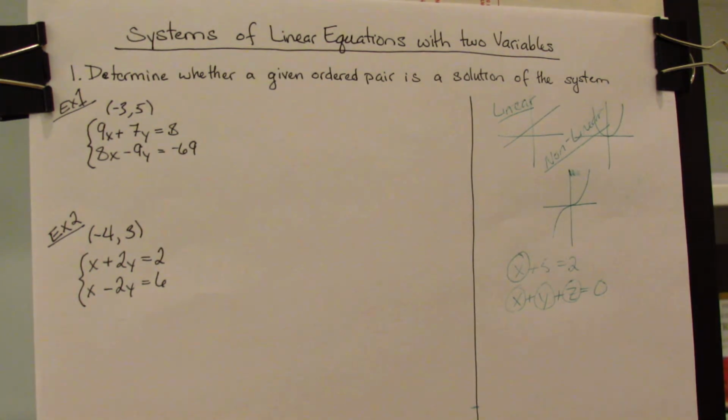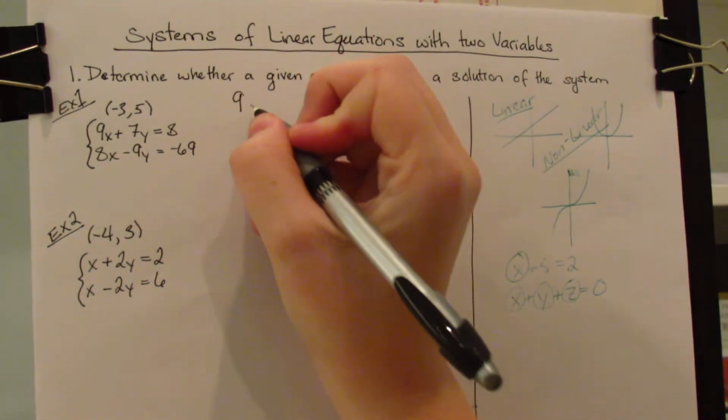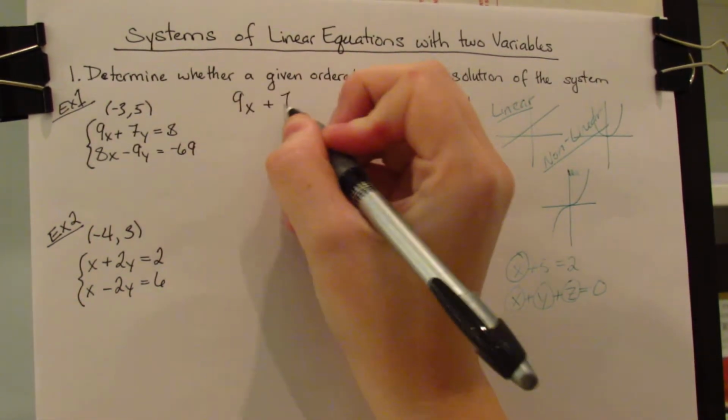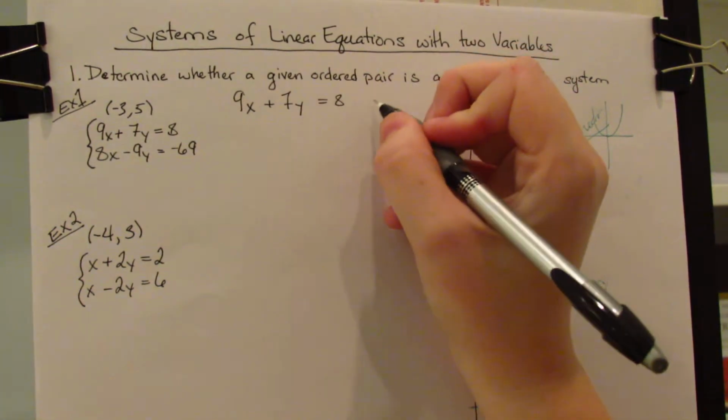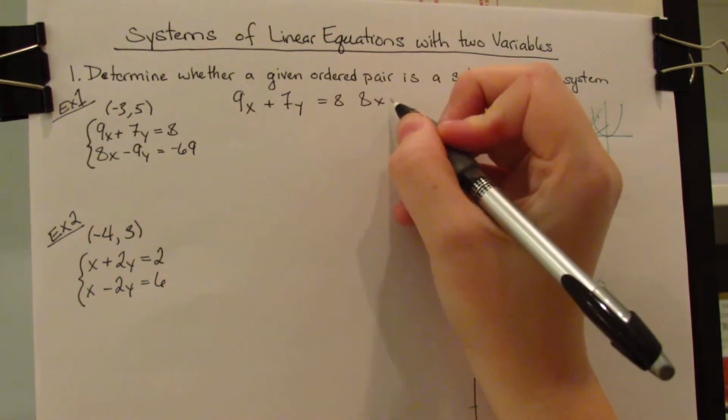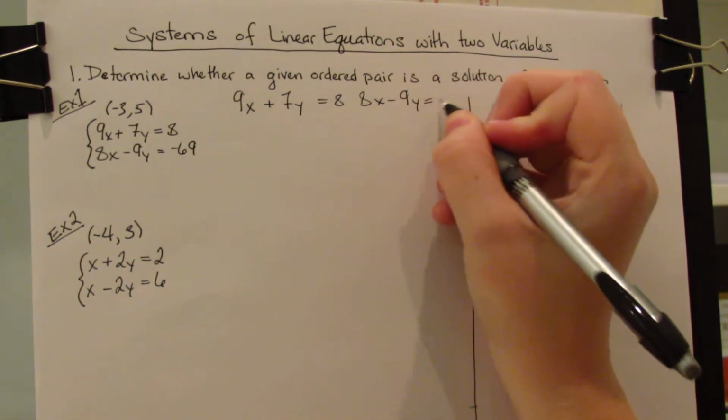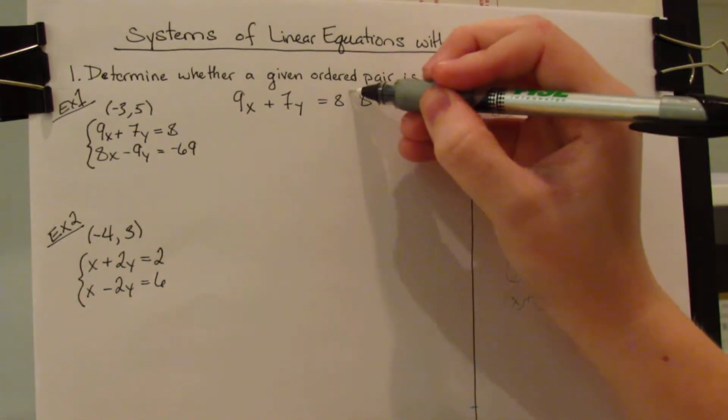Now this is a relatively simple type problem. We have two equations: 9x plus 7y equals 8, and 8x minus 9y equals negative 69.